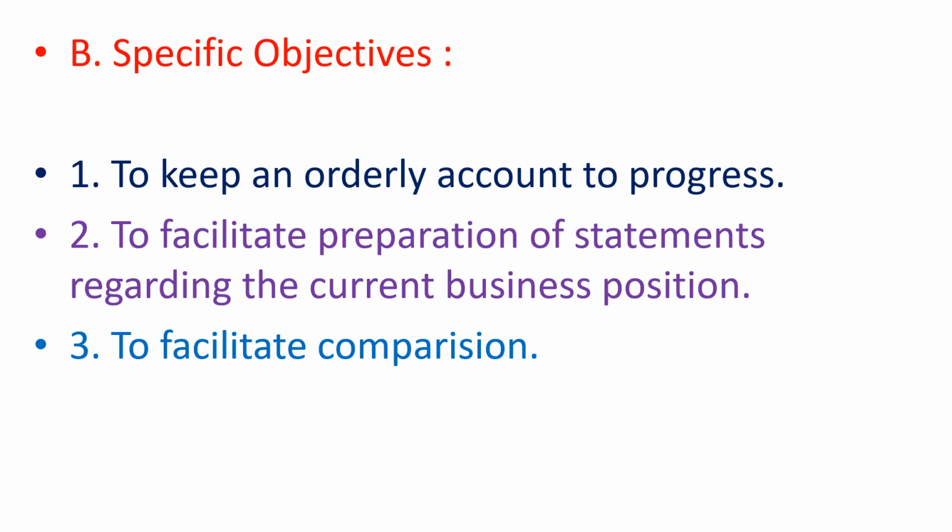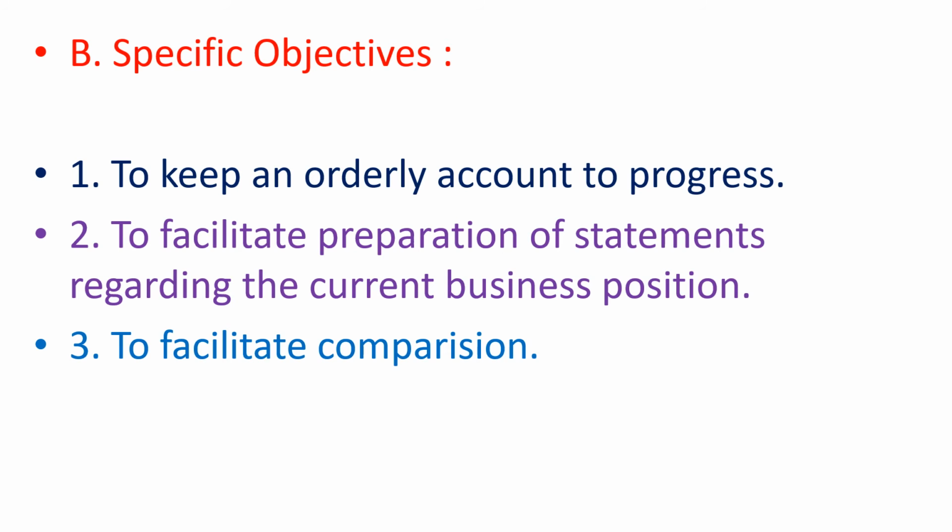Second is to facilitate preparation of statements regarding the current business position. At any point of time, the business position can be known only by means of up-to-date records. These records are of importance in business planning, particularly in the context of changing conditions within and outside the organization.